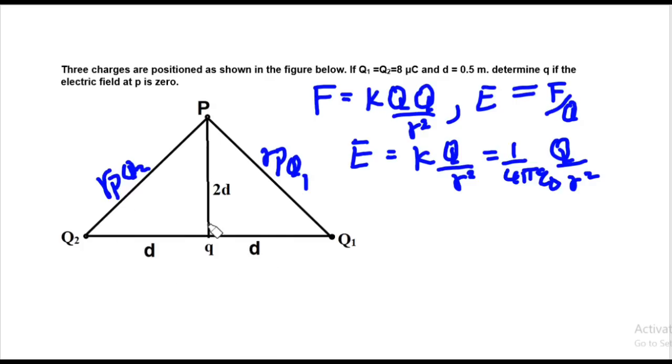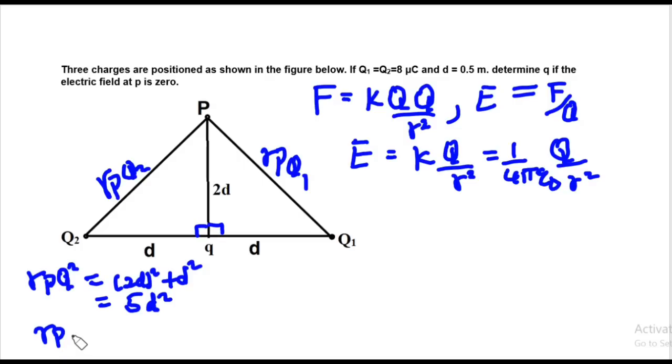From Pythagoras' theorem, this angle is 90 degrees, so RPQ2 squared will be 2D squared plus D squared, which is 5D squared. Making RPQ2 the subject of the formula, we have the square root of 5D squared, which is the same thing as 5D squared to the power of half.